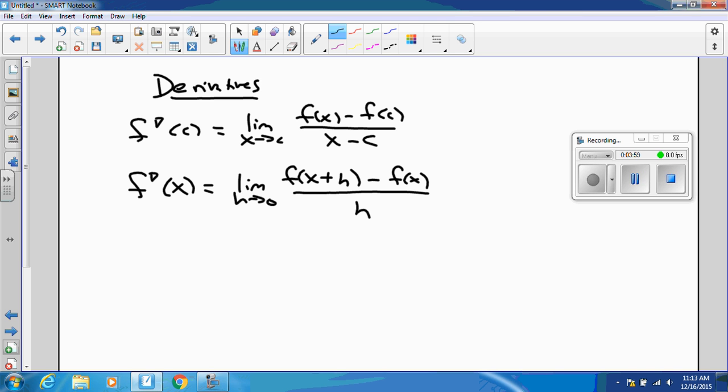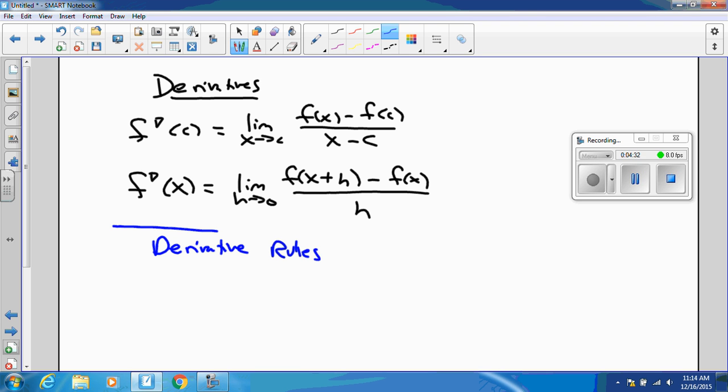This limit definition was at first the only way that we had to compute derivatives, but we didn't like it too much because it was complicated, especially if my function involves, say, a large polynomial. And so we quickly developed a set of derivative rules that helped us find the derivatives of all of our elementary functions.